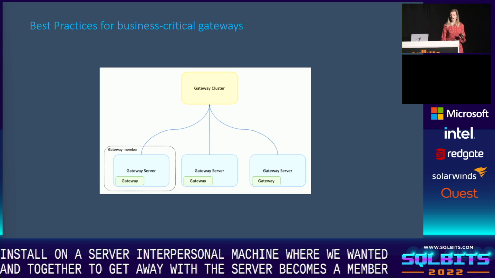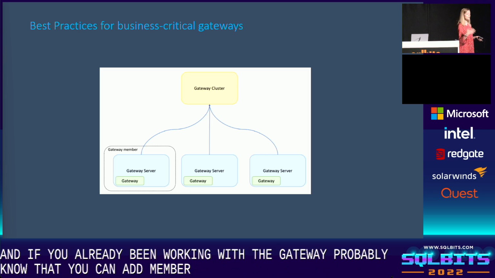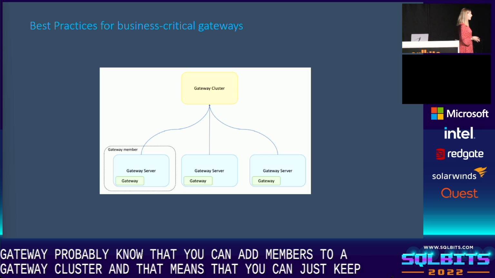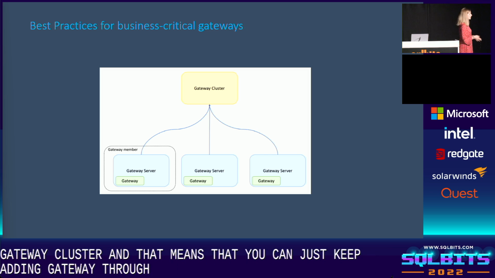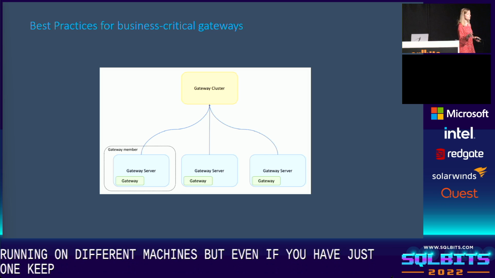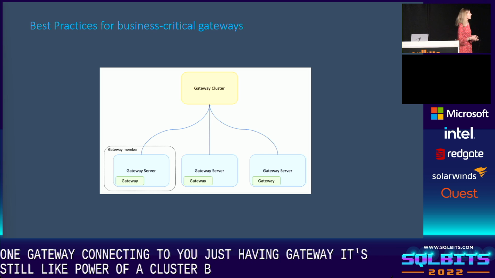And if you've already been working with the gateway, you probably know that you can add members to a gateway cluster. And that means that you can just keep adding gateways to the same cluster that are running on different machines. But even if you have just one gateway, it's still part of a cluster, but it's just a cluster with one gateway in it.